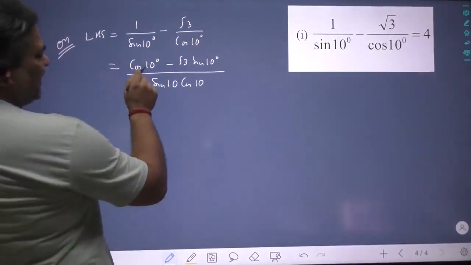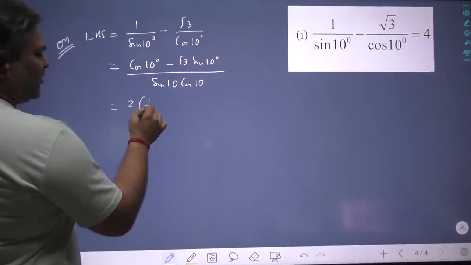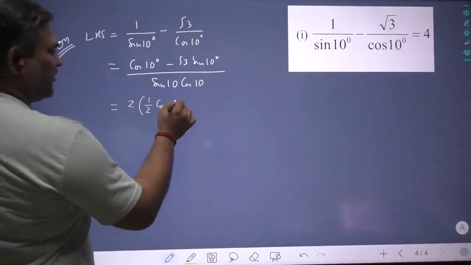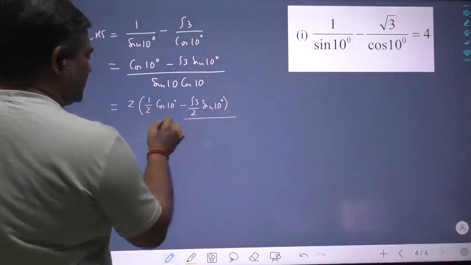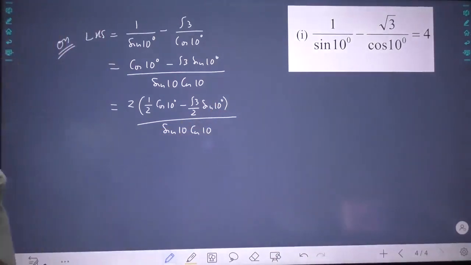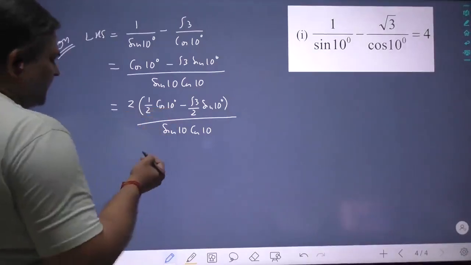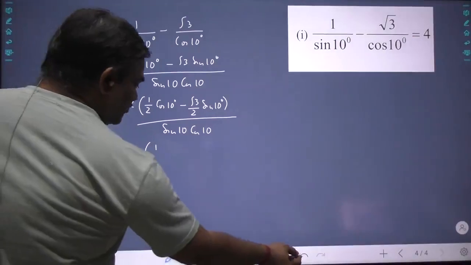Now here we have 10, here we have 10. So what we do, I divide and multiply the numerator by half. See this special manipulation that I am going to do. So I multiply, divide. What is the benefit? You can see by your eyes, I got a huge benefit.